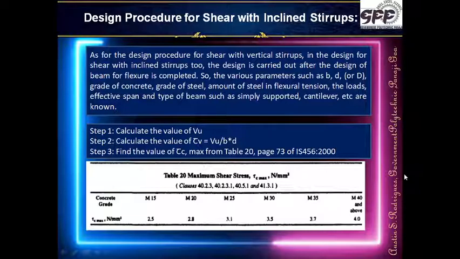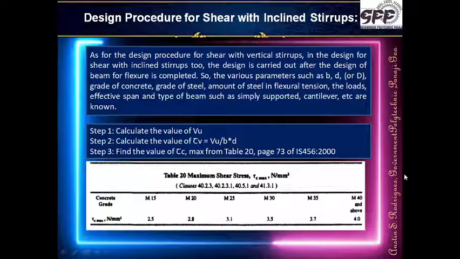Now what happens? As in the design procedure for shear with vertical stirrups, in the design for shear with inclined stirrups too, the design is carried out after the design of beam for flexure is completed.